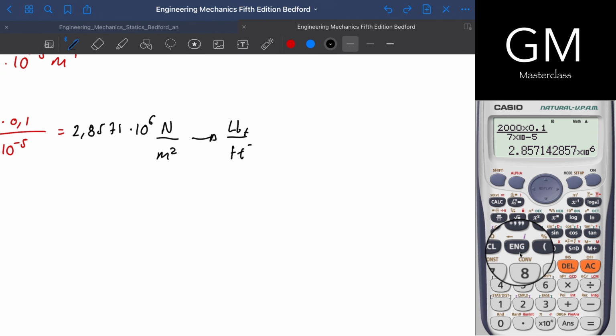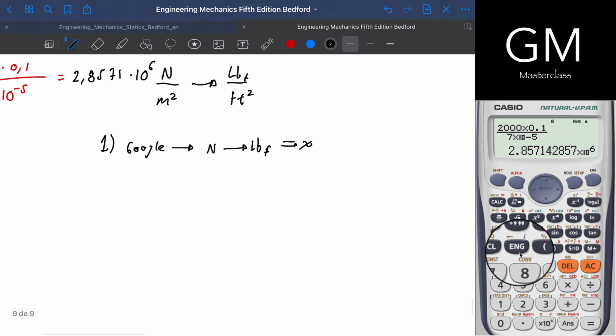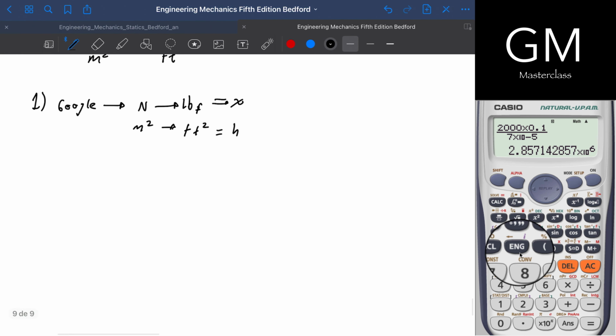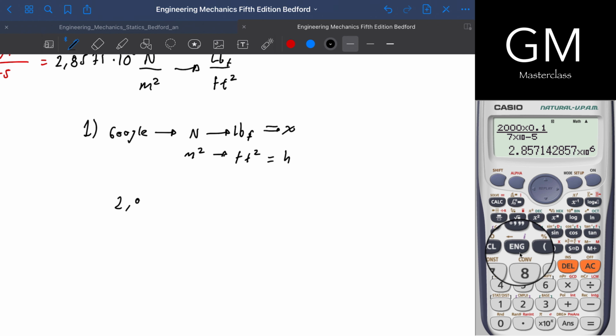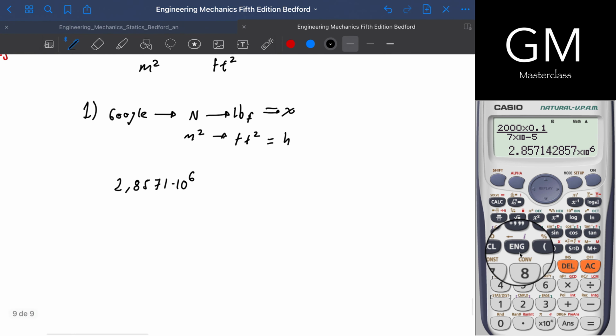The easy way is to go to Google and type Newton to force pound, find an equivalence, which I don't know, maybe it could be X. Let's call it X. Then find the equivalence between square meters and square feet, let's call it H. And then use 2.8571 times 10 to the 6th power.